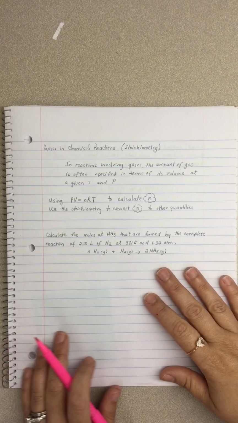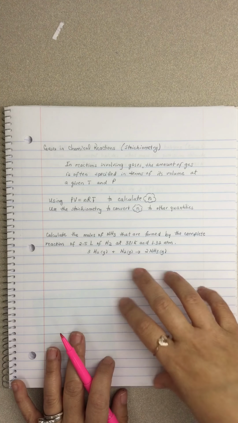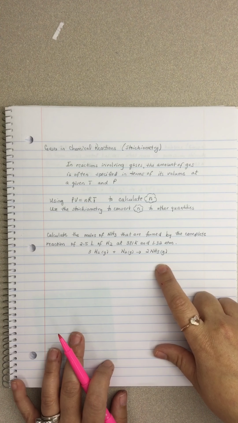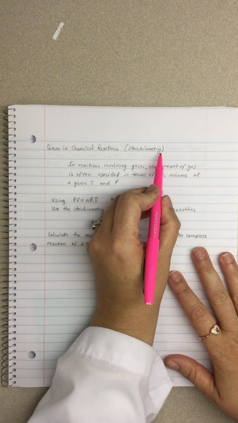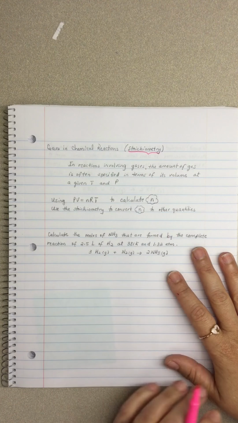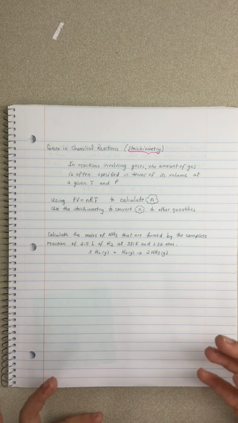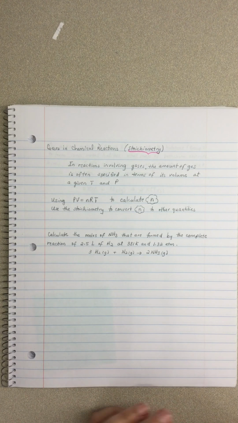So I have a problem here, and whenever you have a problem including the chemical equation, it's because you have to use the molar ratios from your equation to find a number of moles for a specific substance in your chemical equation.